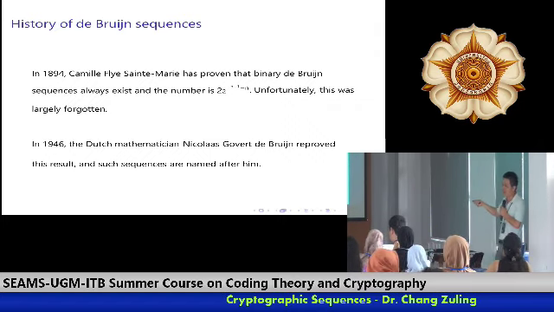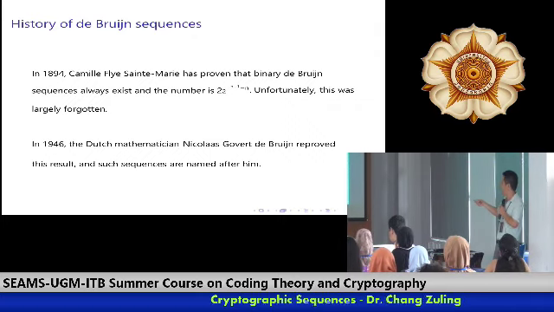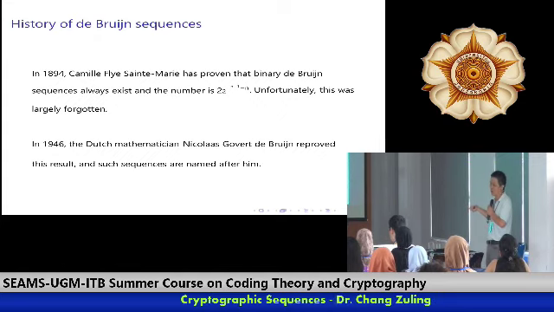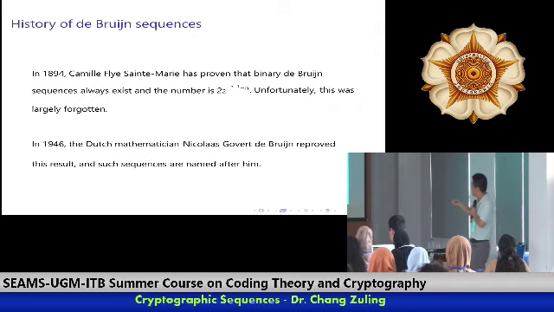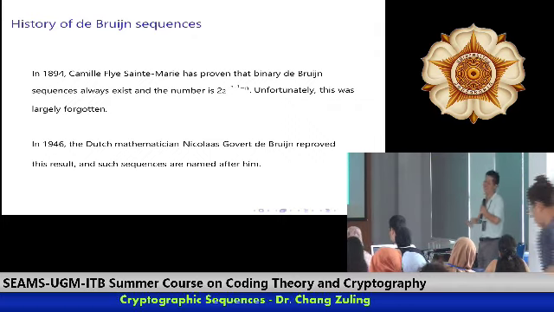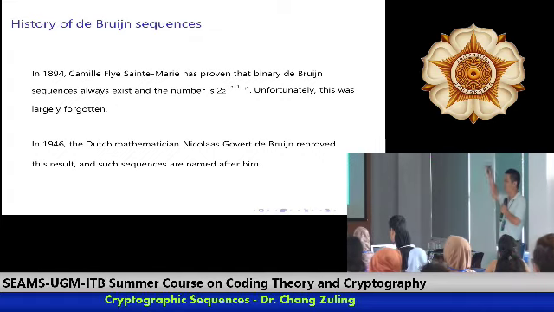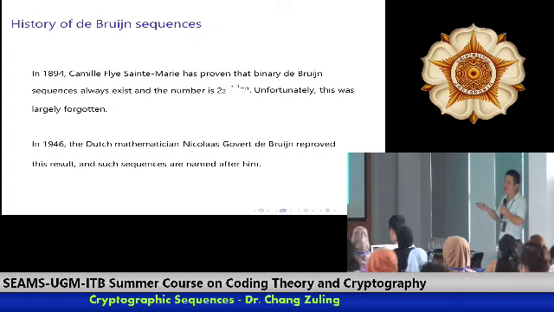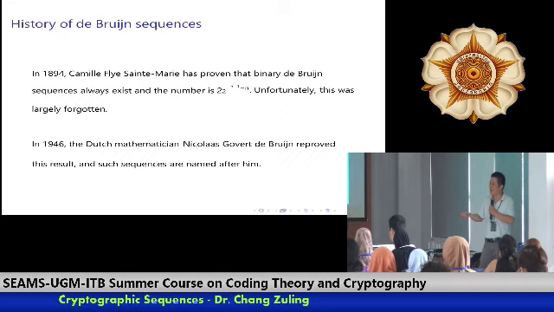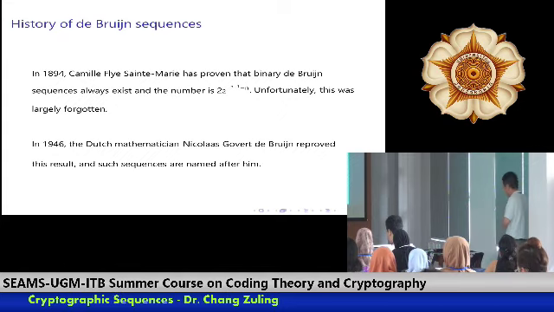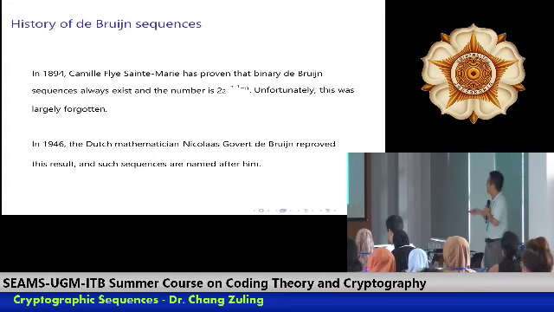He also proved the number of such sequences. So people said the result is great and called the sequence the de Bruijn sequence. But in fact, this man was the first to prove it, but it was too long ago, and he was not famous, so he was forgotten. So be more famous, so people will remember you. It's a history.